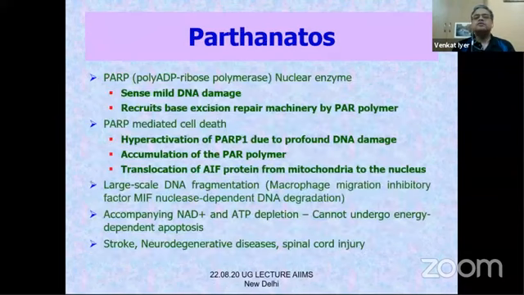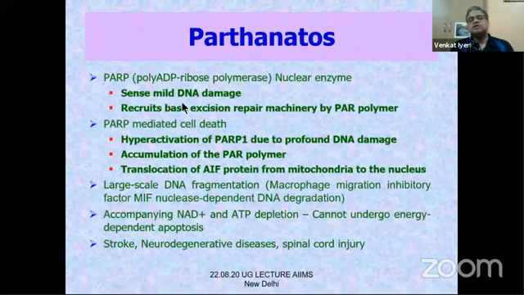Another unusual kind of cell death is parthanatos. This is important in stroke, neurodegenerative disease, and spinal cord injury. Whenever there is ATP depletion, you cannot undergo energy dependent apoptosis, so these are alternate methods of cell death. It is mediated by PARP or poly-ADP ribose polymerase, a nuclear enzyme.